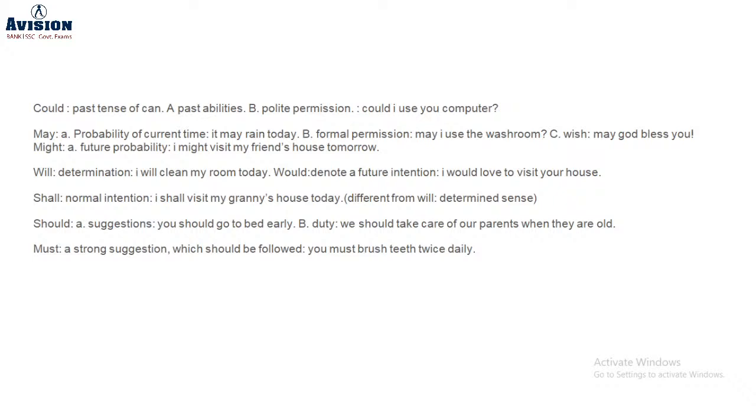Okay, the next kind of modal which we go to is will. See, will, you can take any example, like I will clean my room today.